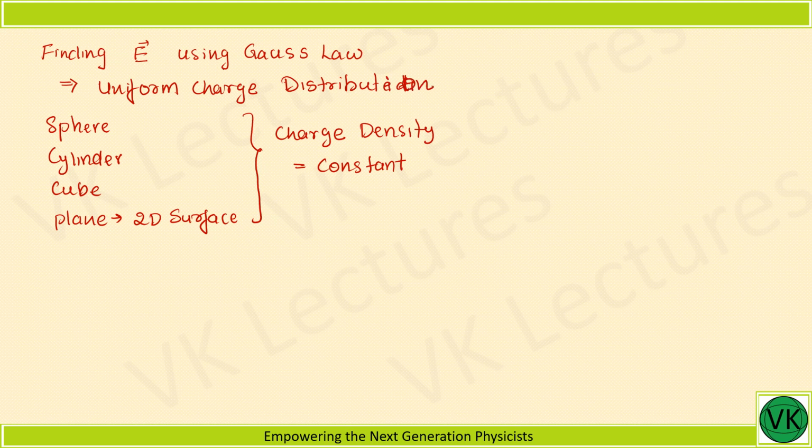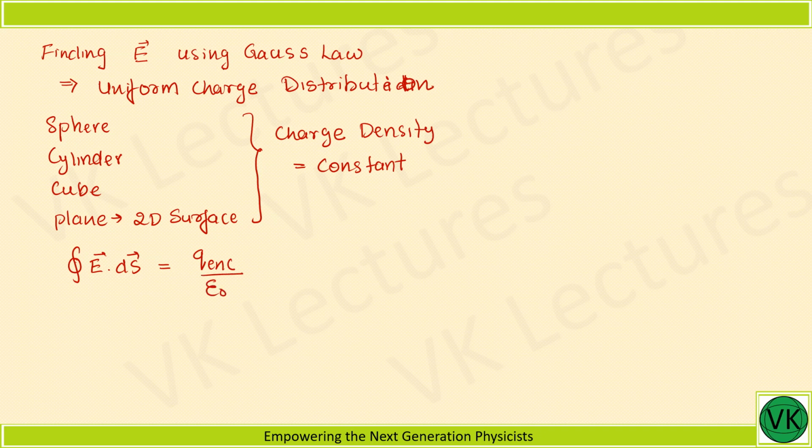Okay, now we also have seen how to go forward with the Gauss law, that is closed integral E dot dS equal to q enclosed divided by epsilon naught.